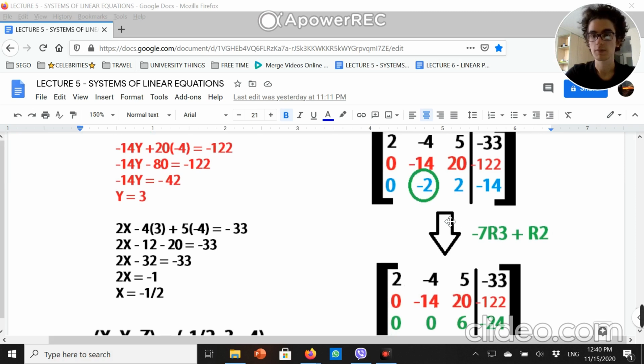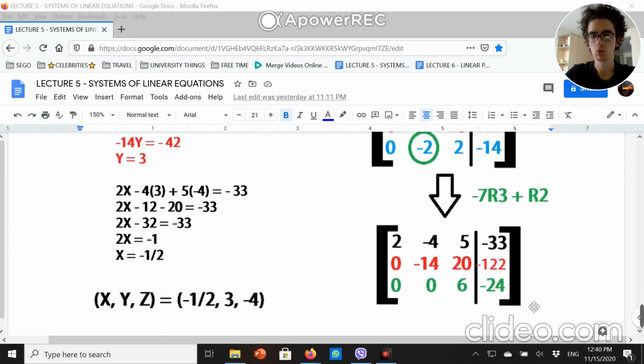Negative 7 times negative 2 would give us 14, plus negative 14 would give us 0. This is the 0 we are looking for. Negative 7 times 2 would give us negative 14, plus 20 would give us 6. And negative 7 times negative 14 plus negative 122 would give us negative 24.